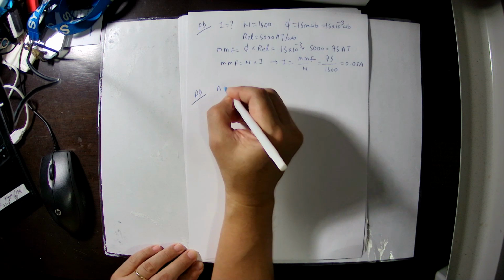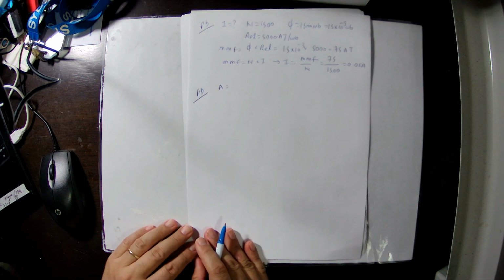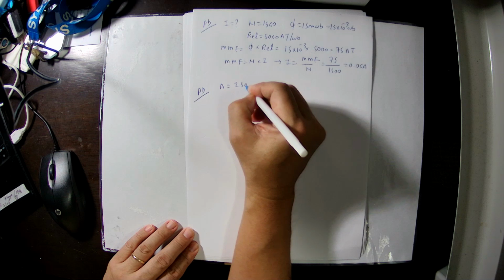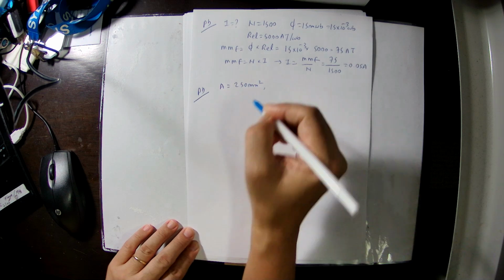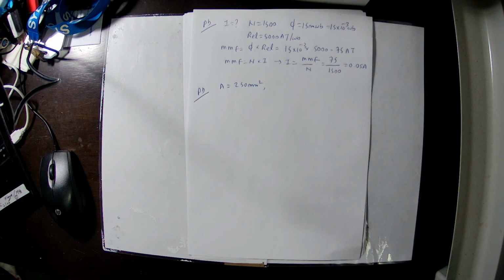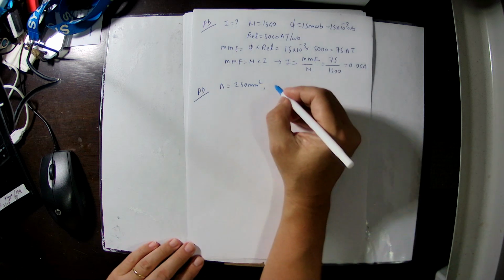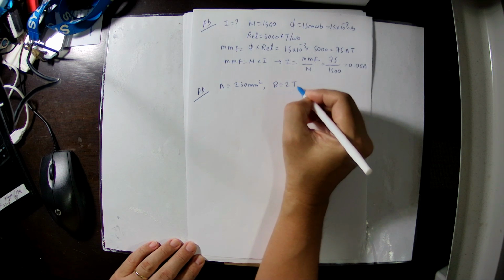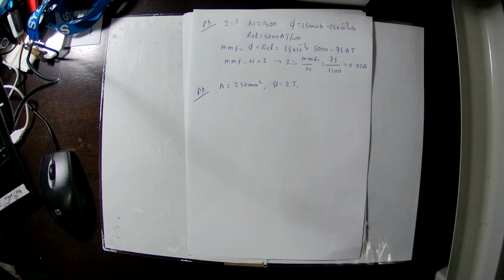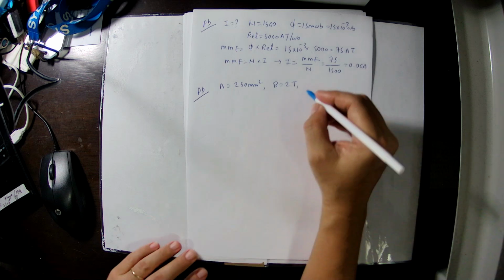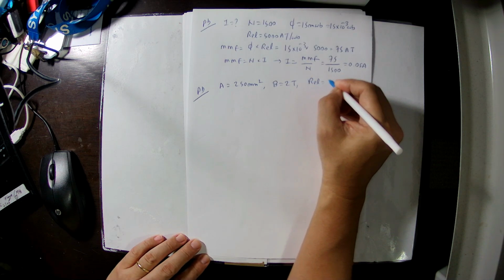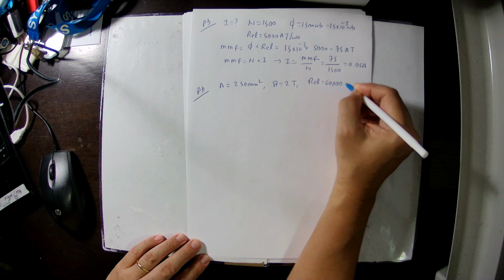The coil has 6,000 turns. So those are the givens: area 250 millimeter square, flux density 2 Tesla, reluctance 60,000 ampere turn per Weber.